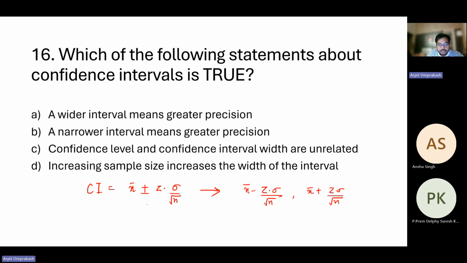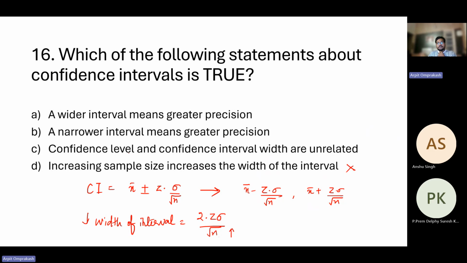Another way to look at it is that the width of the interval will be equal to this minus this, which is 2 into z sigma by root n. As you increase the sample size, the width decreases. So this option is incorrect.